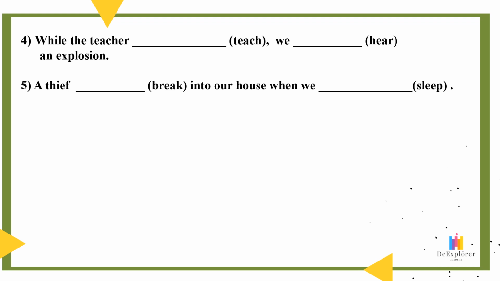So 正在 was were sleeping. 闯入突然间进入我们的家的 past tense. What is the past tense for break? Yes, broke. B-R-O-K-E. So write your answer. As you write, read your sentence. 正在 was were 选一个哈 cannot write both. Was were sleeping. 然后闯入的是 past tense.